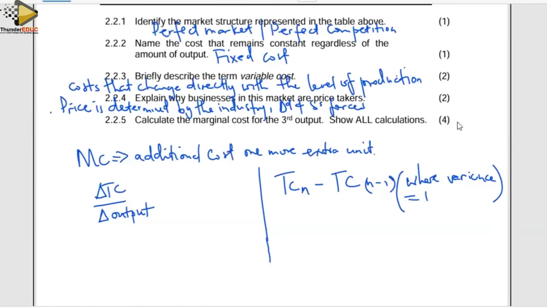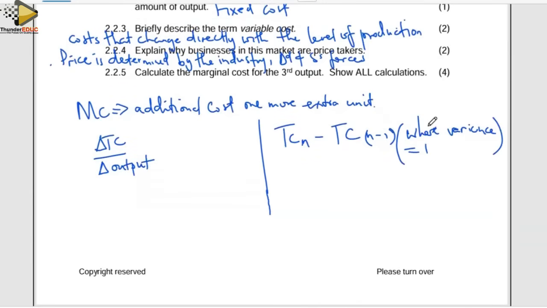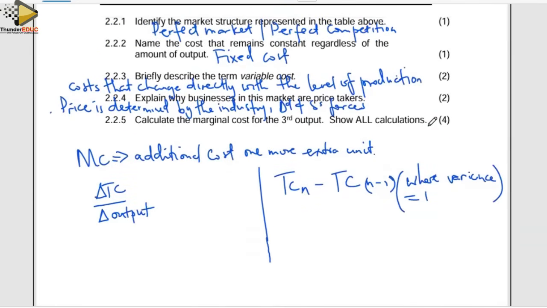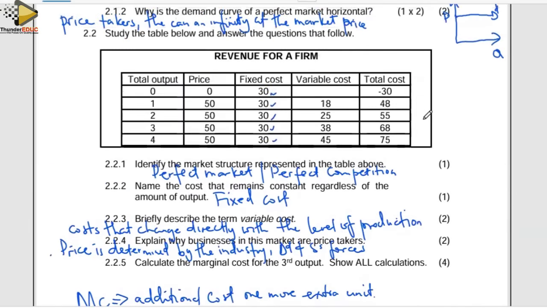Right, let's start by using change in total cost over change in output. We want to find the marginal cost for the third output, output number 3. So for the third output, we come to our table.